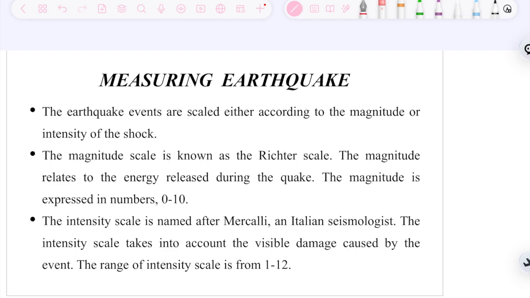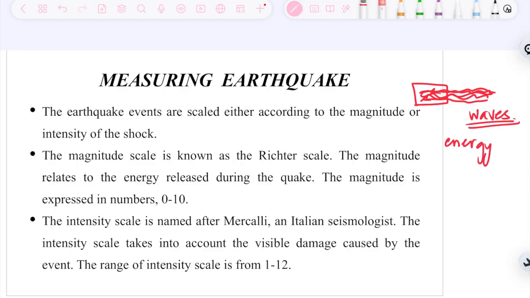Now there are two methods of measuring earthquake. Either we have a device that measures the rate at which the waves are coming, or the speed, or the intensity of these waves, right? When it calculates the energy from these waves, it is called the Richter scale.